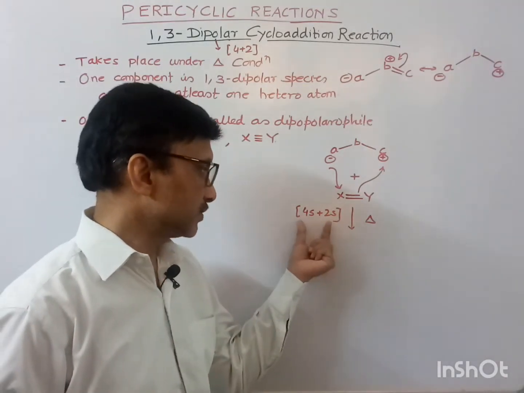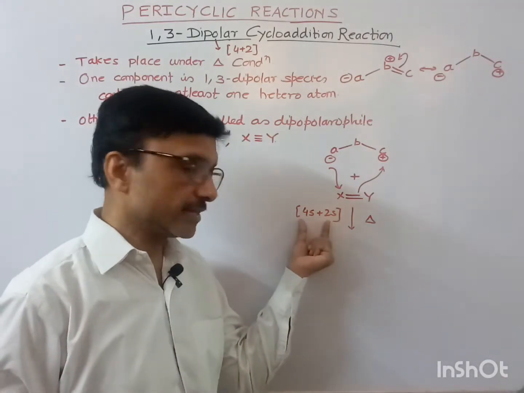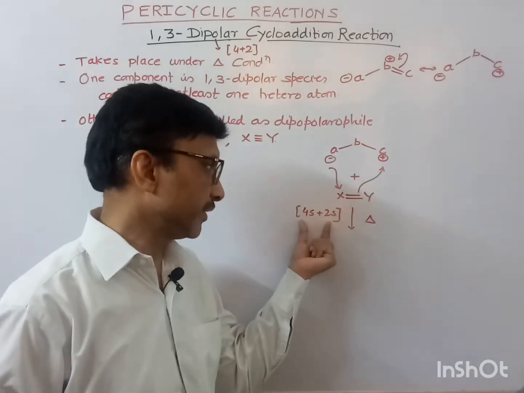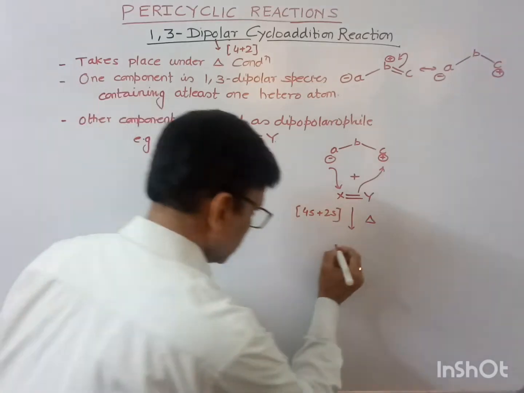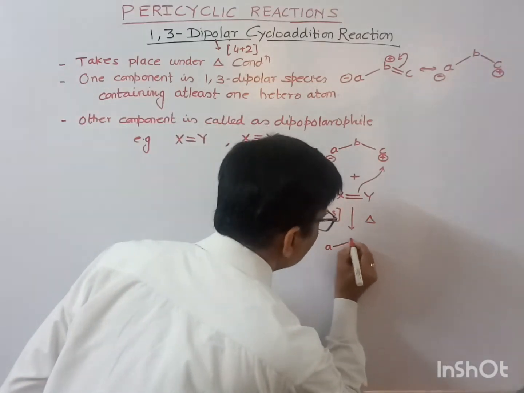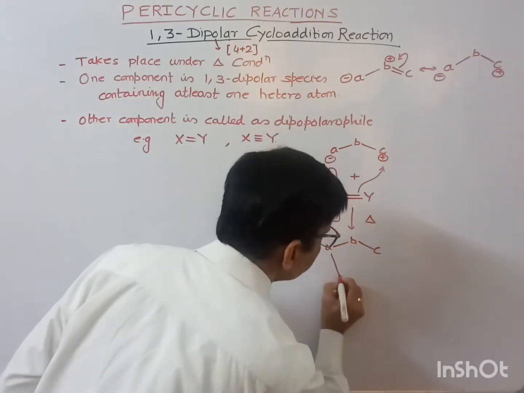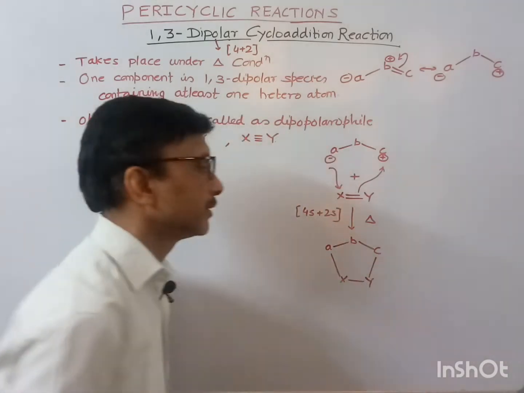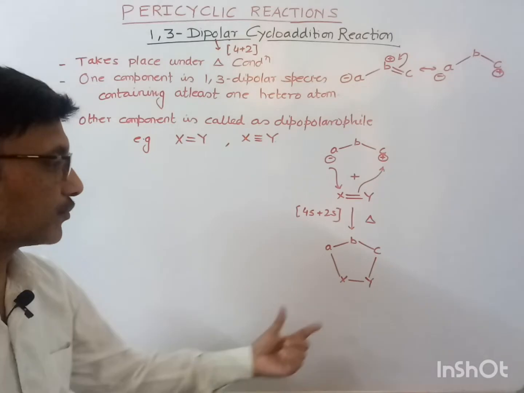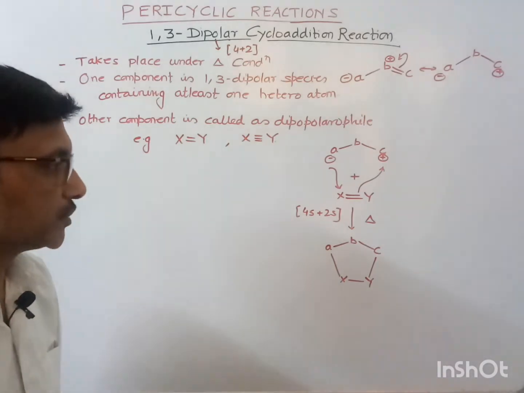If the system contains 6 electrons, it will undergo suprafacial interaction, and a 5-membered heterocyclic ring system is formed.